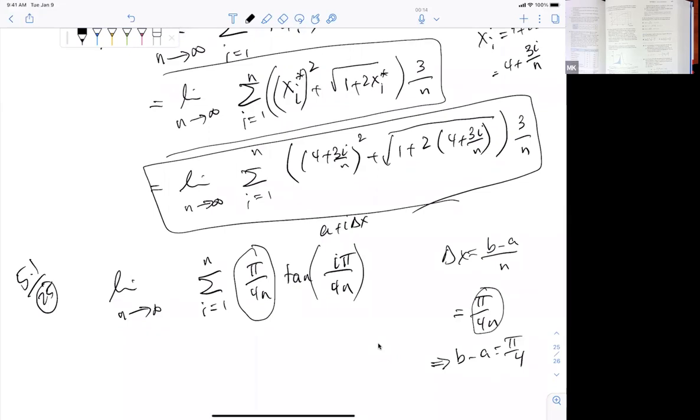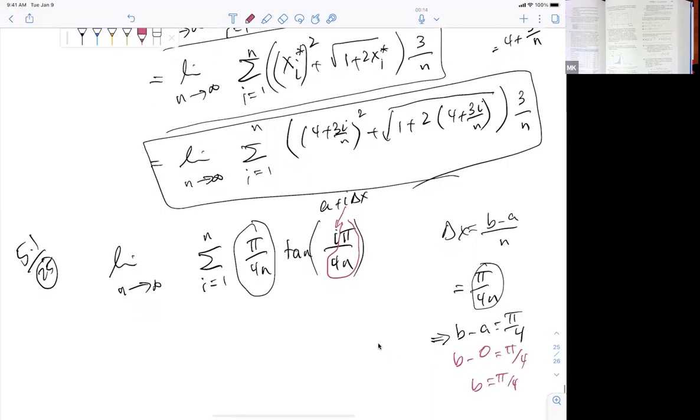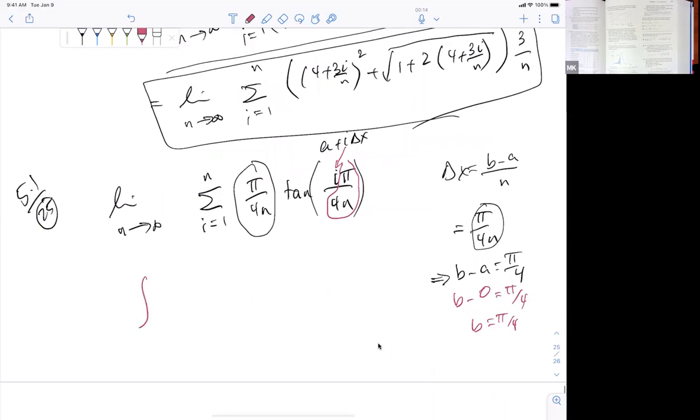So that takes care of this part. I is i, which means my a would have to be 0. So if a is 0, b minus 0 is pi over 4, which means b is pi over 4. So my integral is from 0 to pi over 4, a to b, and the function is tan.